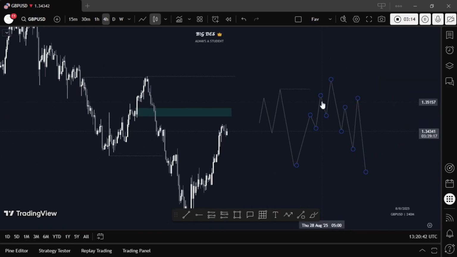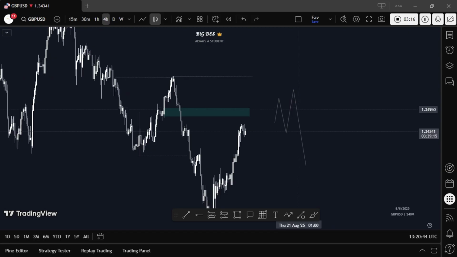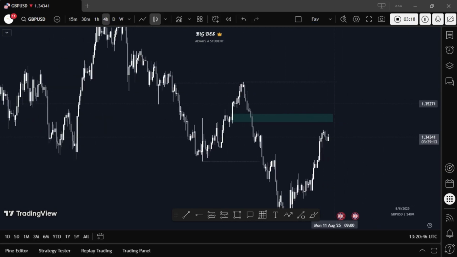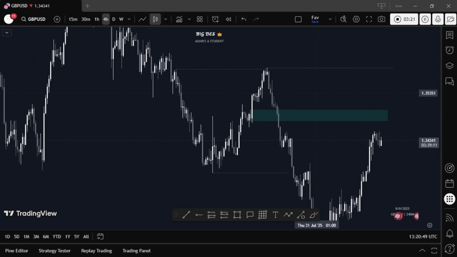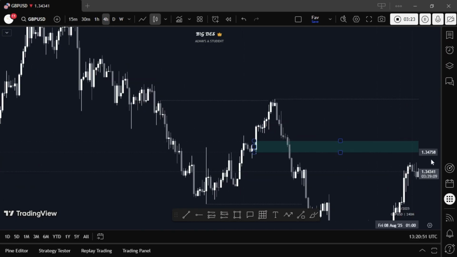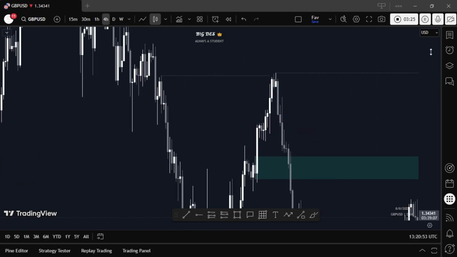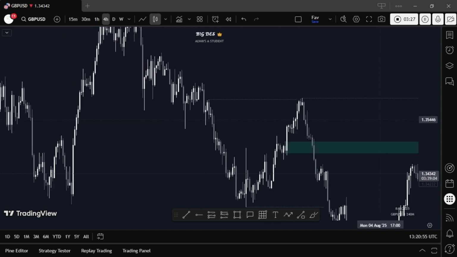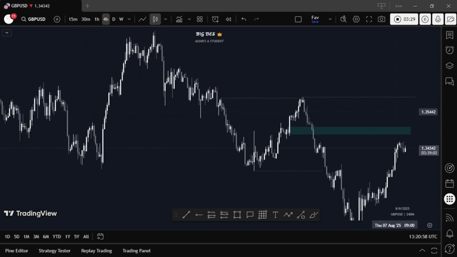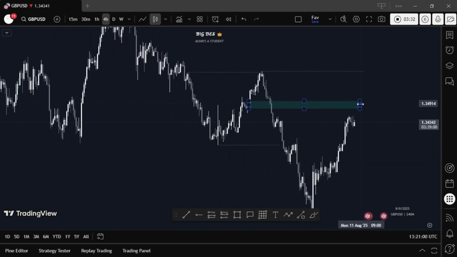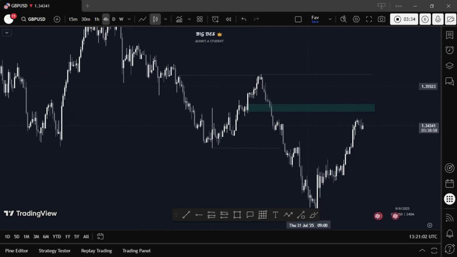Why is that? Because for price to move, it needs liquidity. Liquidity is what fuels the market. So it has to be an area where people would like to pull their stops. That's where markets would like to trade from, based on the system I use.